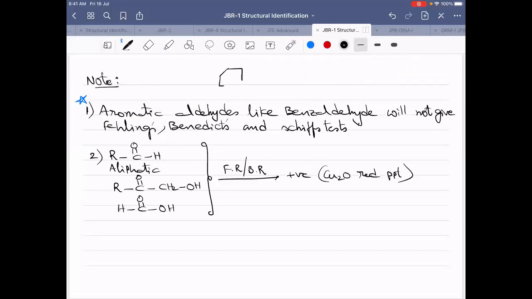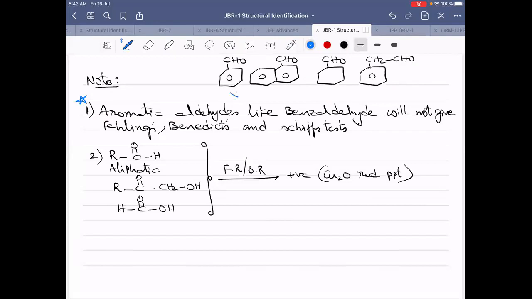Suppose the compound is like this, CHO, another compound like this, CHO, another compound like this, CHO, another compound like this. These are aromatic aldehydes. They will not give you the reaction, whereas these are not aromatic aldehydes.